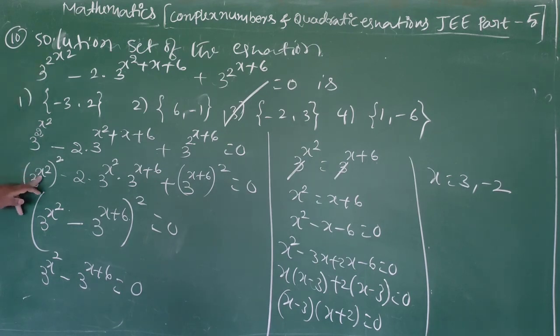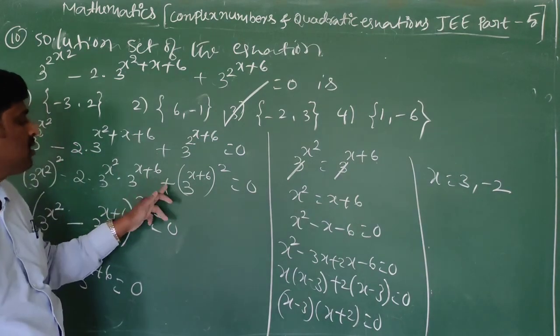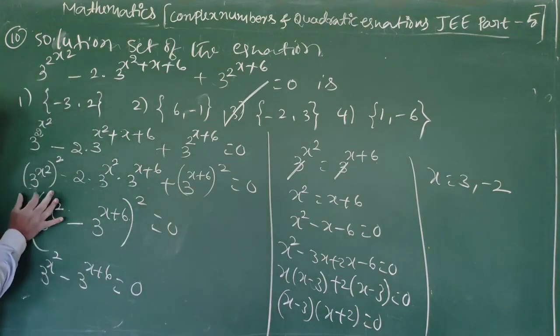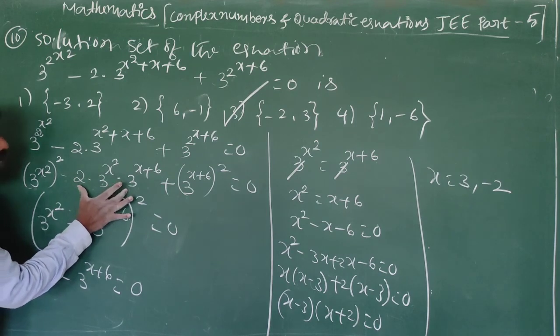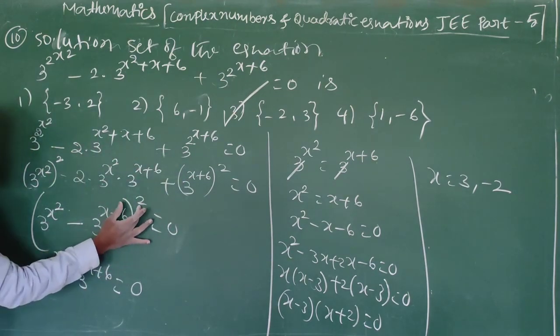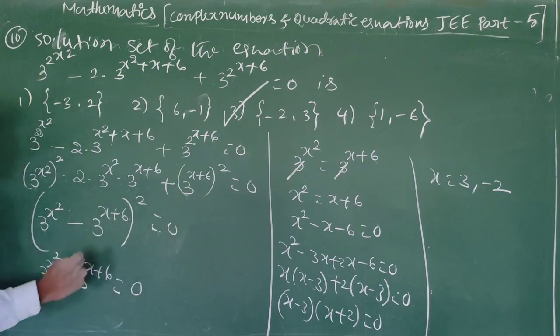Observe once again, take this equation as it is: 3 to the power of x square whole square minus 2 into 3 to the power of x square into 3 to the power of x plus 6, plus 3 to the power of x plus 6 whole square. It is in the form of a square minus 2ab plus b square. We can write it as a minus b whole square. A minus b is equal to the square root of 0, which is 0.